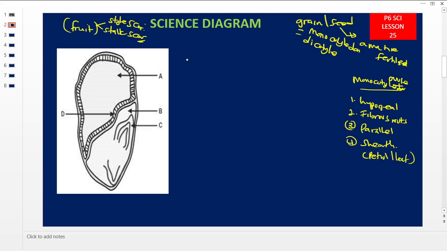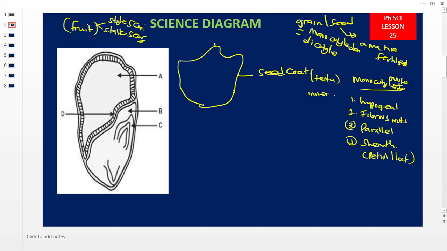Now let us take the diagram here, the drawing. This one is the outer cover, which we call the seed coat. We discussed this. The seed coat is also called the testa, but here we are just reminding ourselves. The testa protects the inner parts of a maize grain.